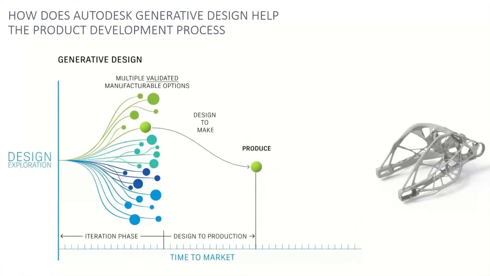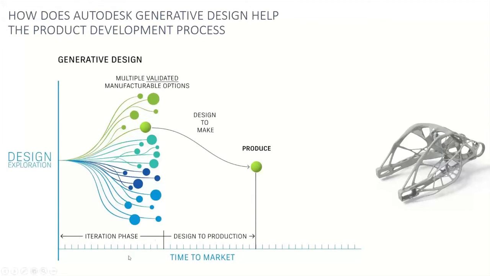Okay, but what we have here, okay, for the generative design, so tulad ng sinabi ko kanina, okay, we can harness the limited computing power of our cloud-based application. Okay, so from the single idea, okay, generative design can provide multiple validated manufacturable options.